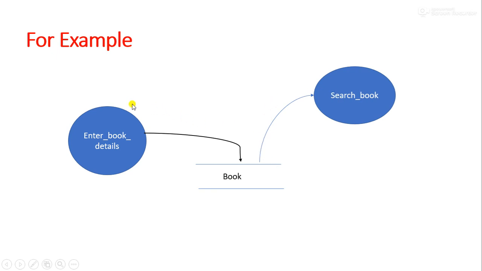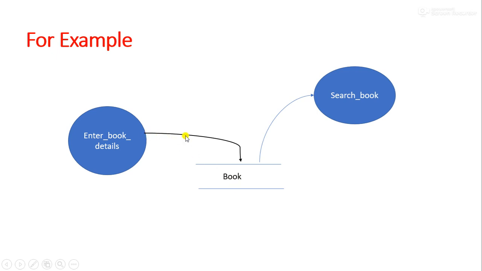So this is how we can represent the flow of data between process to data store or from data store to process. So here in this example we have two functions, that is enter book detail, which is used to enter the book detail into our database, that is our book, and this search book is used to fetch the detail of book from database.